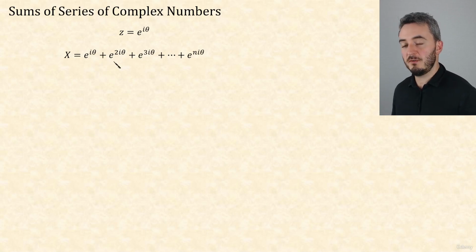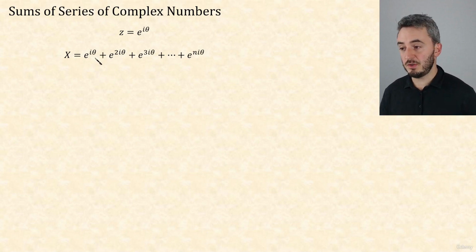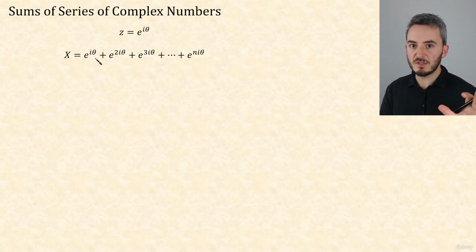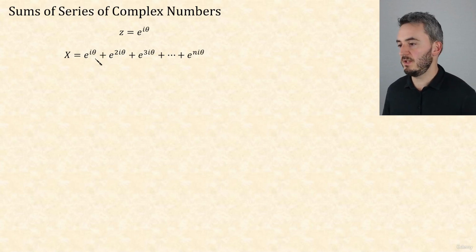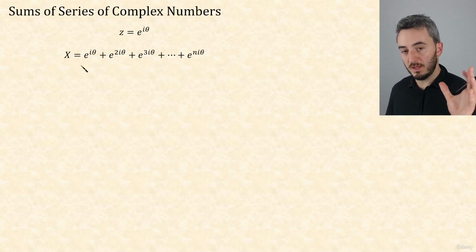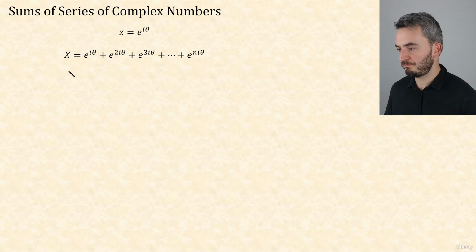But by de Moivre's theorem, this is also a sequence we can split apart into two sequences, one real sequence made up of cosines and one imaginary sequence made up of sines. Let's put both of those down and think about what that implies. Let's start with splitting it up into the real and the imaginary.